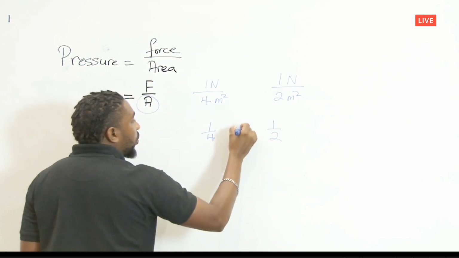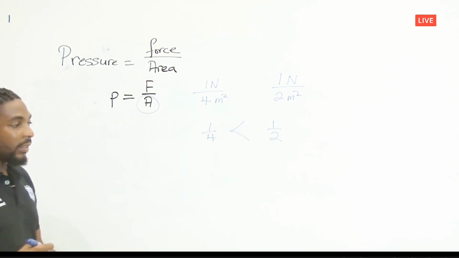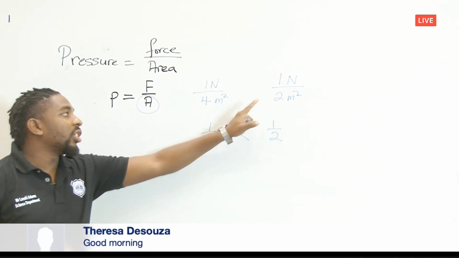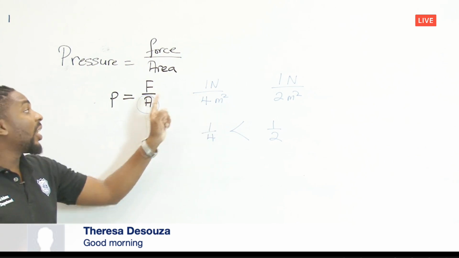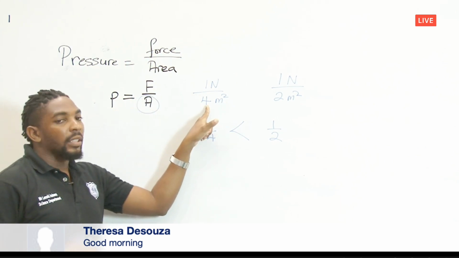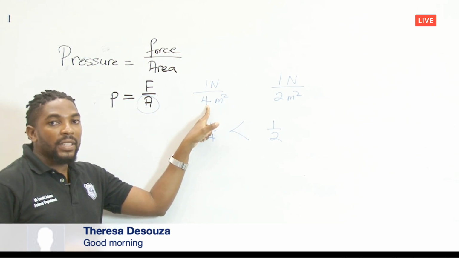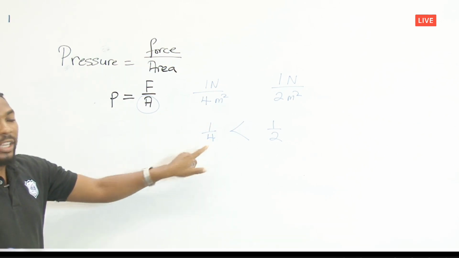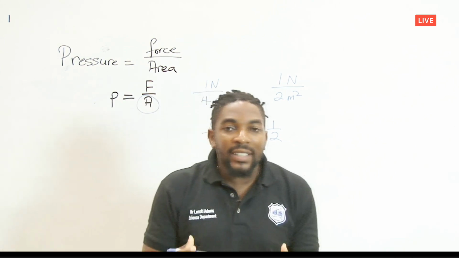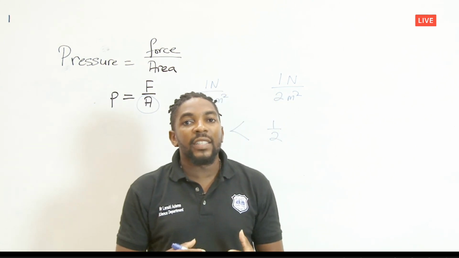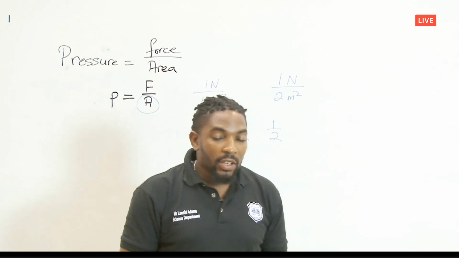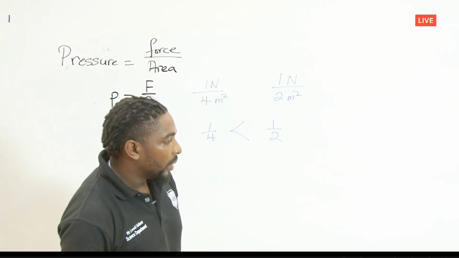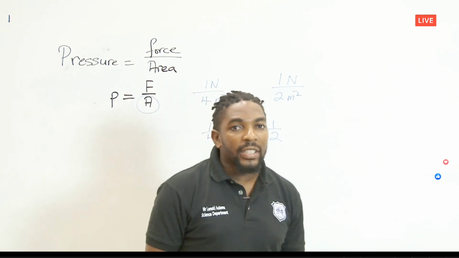We're going to realize that 1 over 4 compared to 1 over 2 shows that the smaller area of 2 meters squared gives you a larger pressure than when the surface area is 4 meters squared, which will result in a smaller pressure. Okay? So that looks at the two main factors that influence pressure in solids. Good? So that's all you need to know for that aspect.